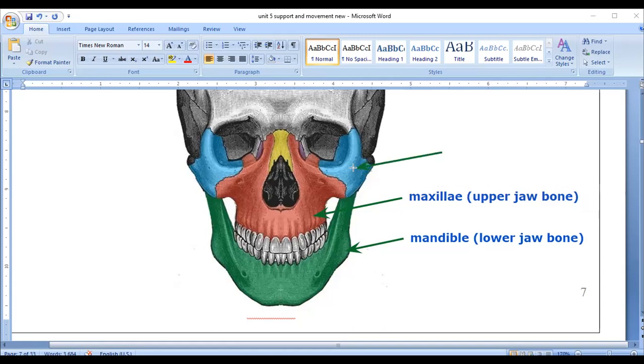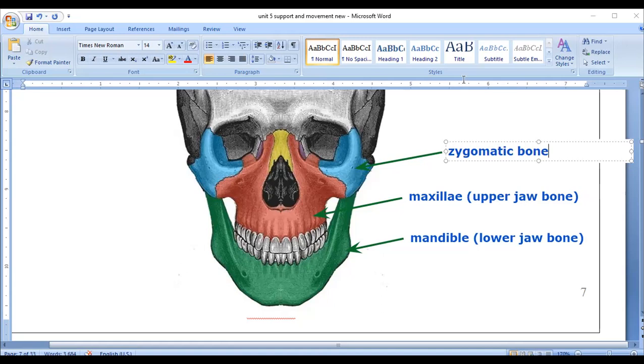Now, introducing you the third bone. This blue color bone is called the zygomatic bone. So look at the diagram. How many zygomatic bones are there? Two. Okay. Two zygomatic bones are there.